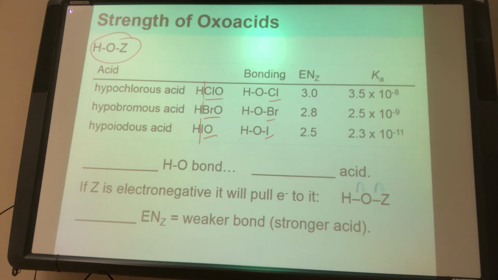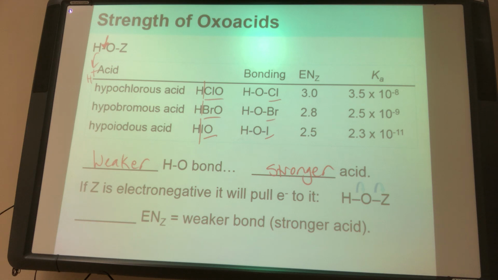So if I need this H to pop off, this bond has to be weak. If this is a weak bond, then the H is just going to pop off to be my H+. So I need a weaker HO bond. The weaker the HO bond, the stronger the acid. This is the same like we just did on the previous slide.